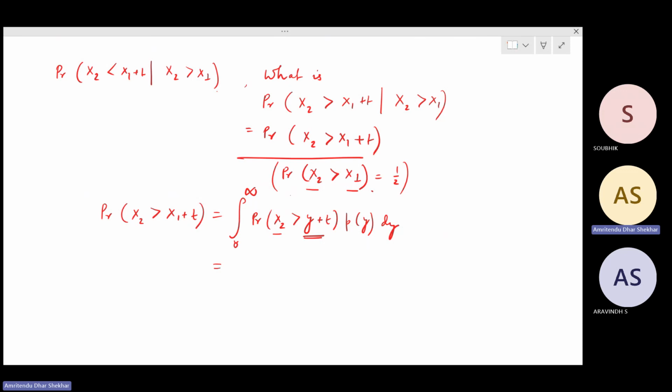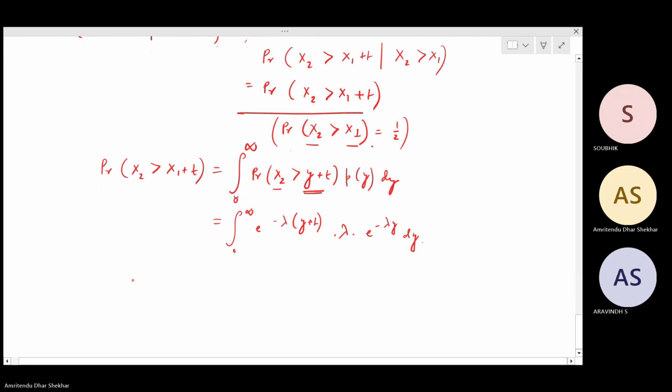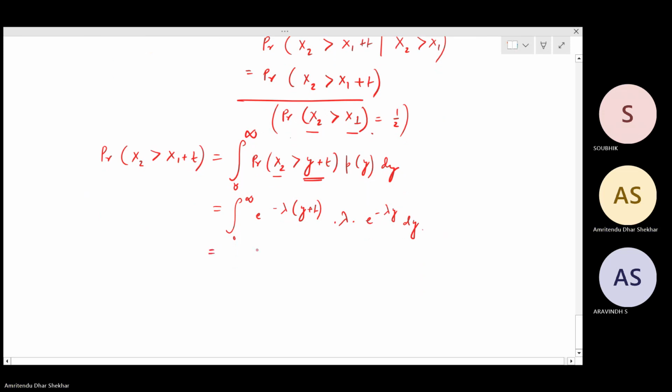So this is equal to the integral from 0 to infinity of e to the power minus lambda times y plus t, times lambda times e to the power minus lambda y dy. So lambda times e to the power minus lambda t comes out, and so we have the integral of e to the power minus 2 lambda y dy.